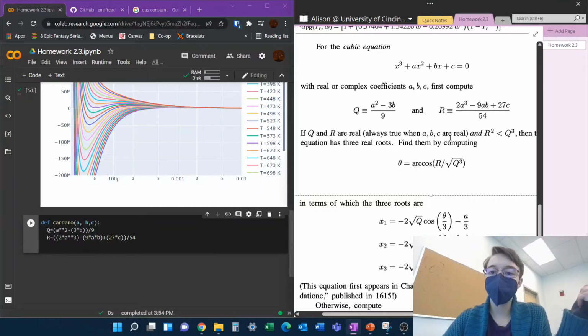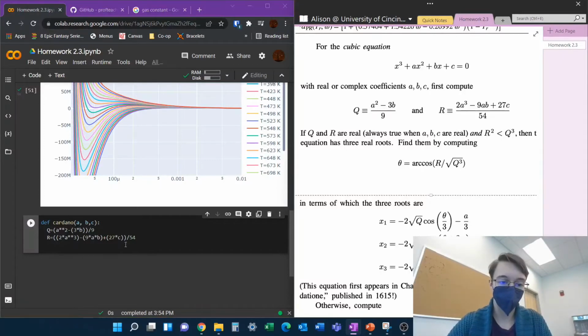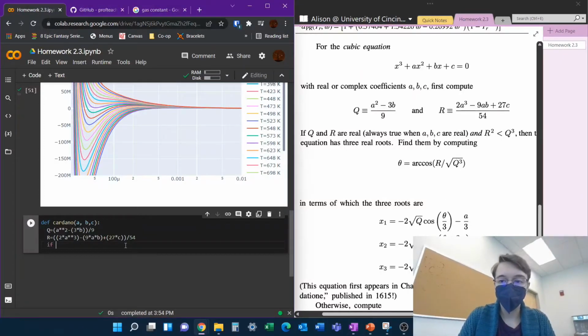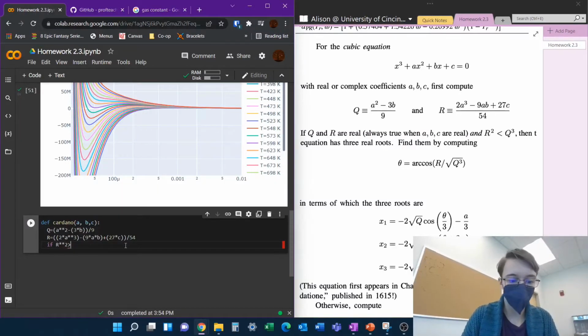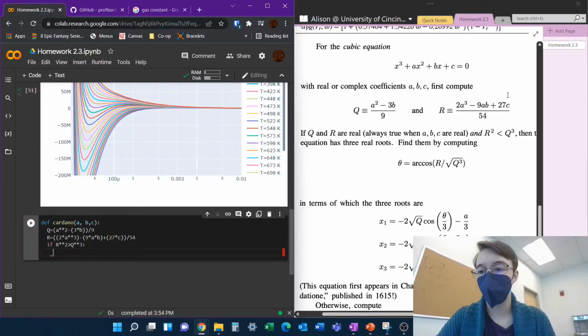It says if they are real and R squared is greater than Q cubed, so we're going to have to write that clause in there: if R squared is greater than Q cubed. So then what will we do? Then the equation has 3 real roots according to this, and we can find them by computing theta and then computing the 3 roots using these formulas.